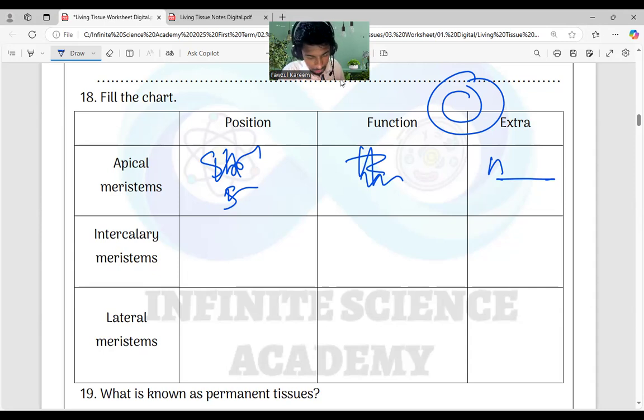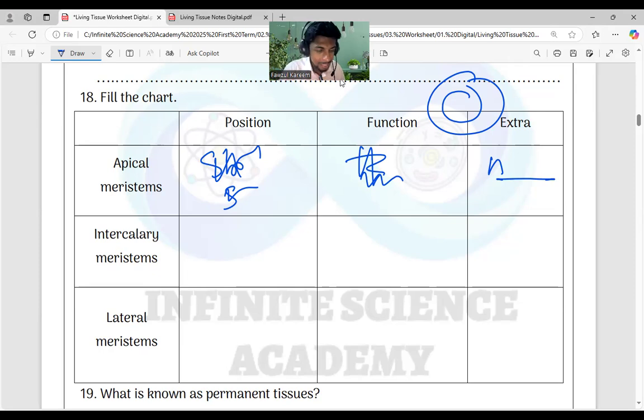Okay. Oh yes. Sir, I also sent it. Okay. Shoot apex, and at the nodes, increasing the length. The nodes, okay, when laterally found in the stem and the root, diameter, okay, right.